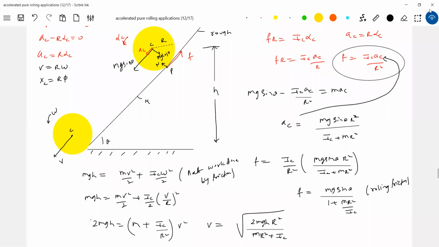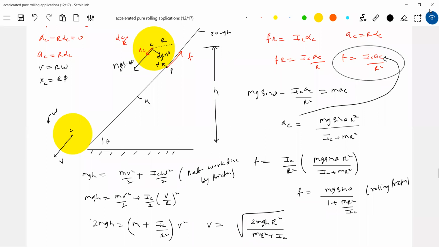Our next question comes: for any value of mu, what should be the minimum value of mu for which slipping occurs? Any condition for mu? The next very important part of the discussion. For any value of mu, will the rigid body roll here, or only some specific values?